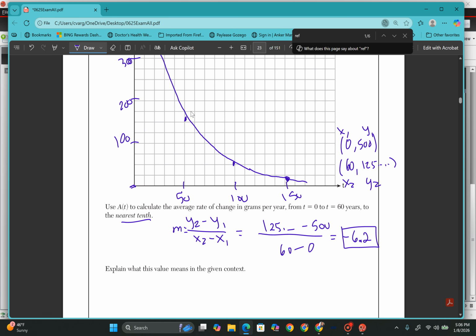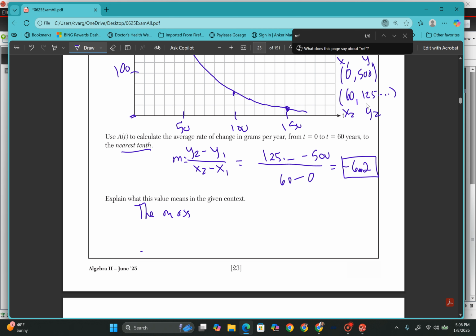Explain what this means given the context. We're talking about mass. The mass of an element doesn't go up because it's negative, it decreases. And what are our units? It decreases about 6.2, 6.2 what?